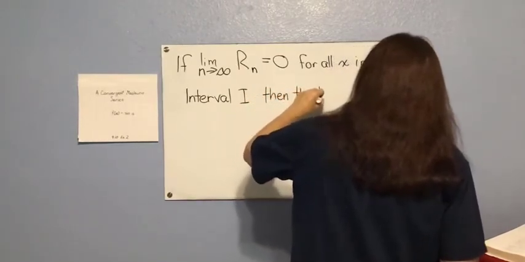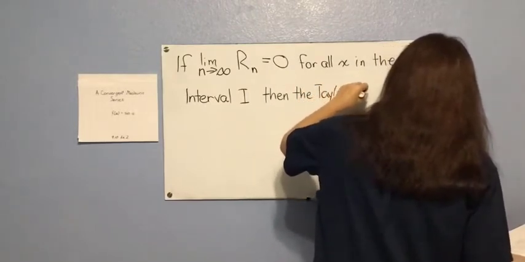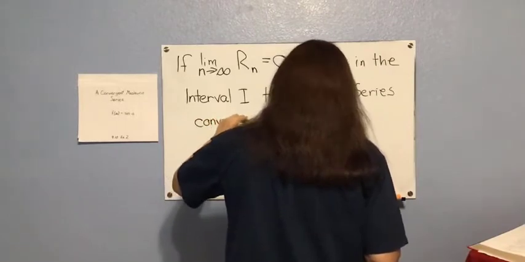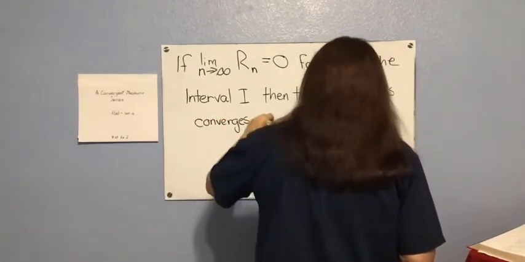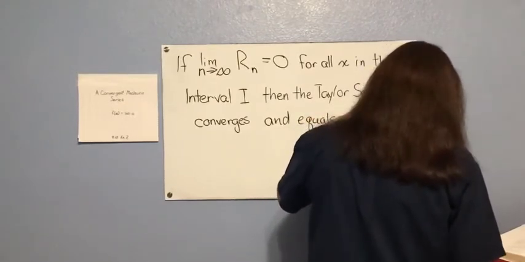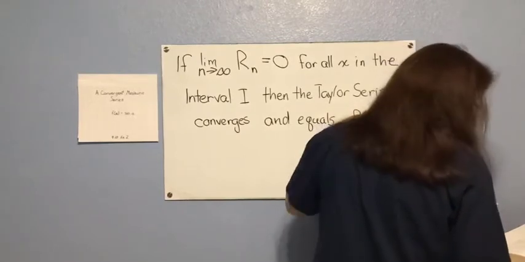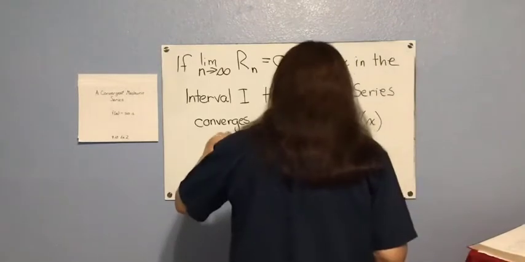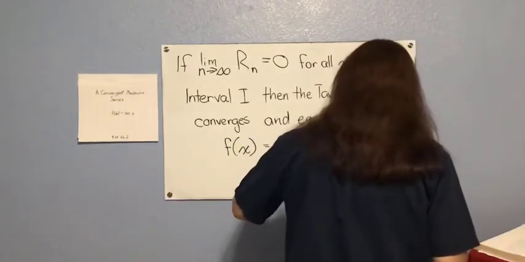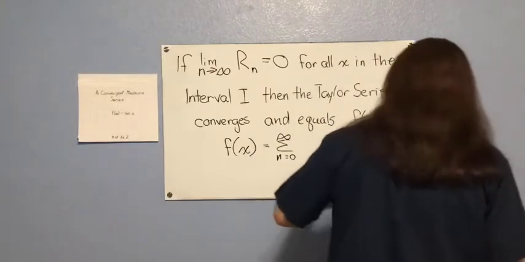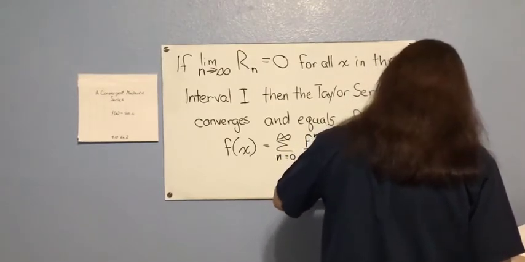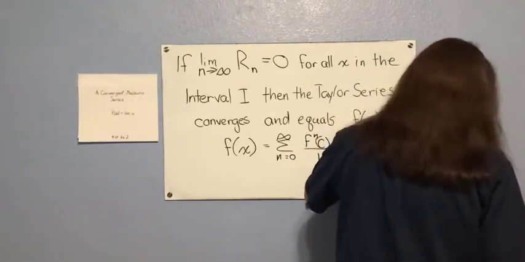then the Taylor series converges and equals f of x, where f of x is equal to the summation of the nth derivative of f of c over n factorial times x minus c to the nth power.